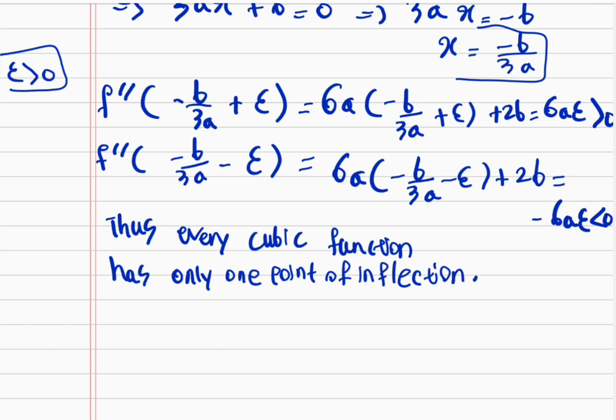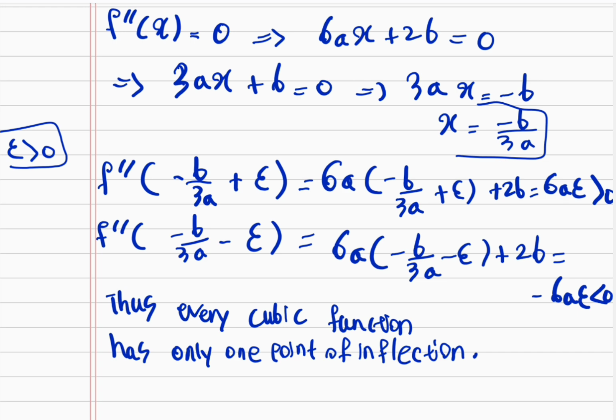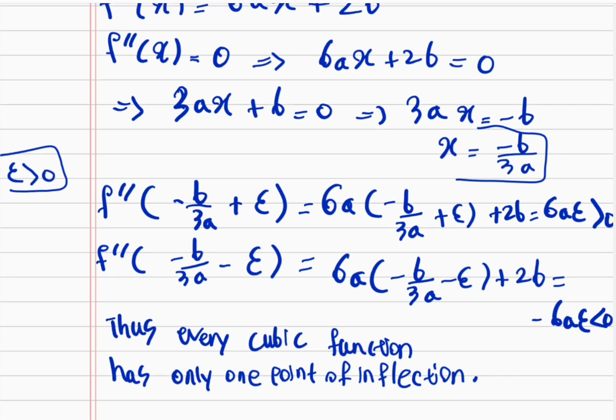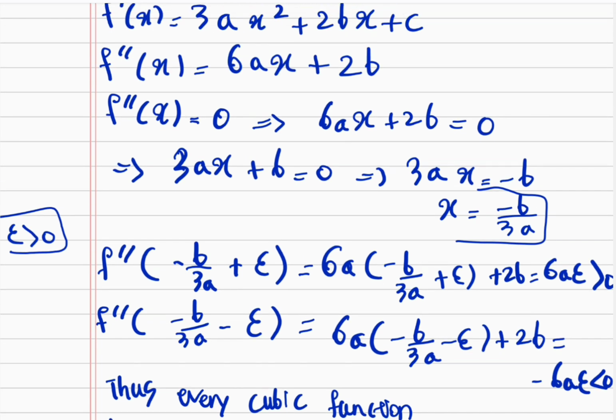That's very important here, because we got only one point of inflection, and we also showed that it is a point of inflection. All right, so that's it for this video, and thank you for watching.